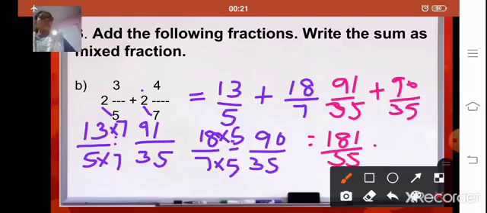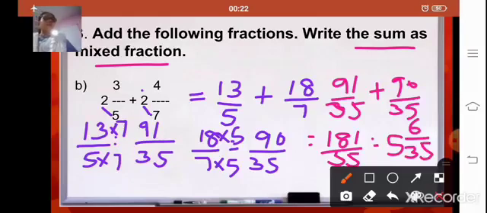Now, improper fraction, your question says to write the sum as a mixed fraction. So when you divide this 181 by 35, you will get the answer as 5 whole 6 upon 35.